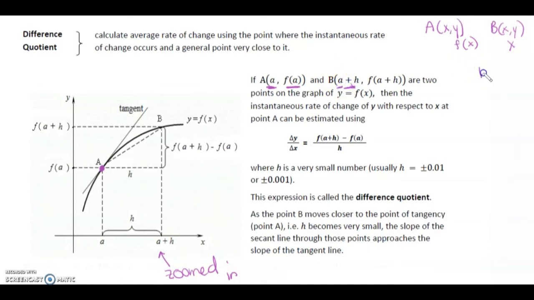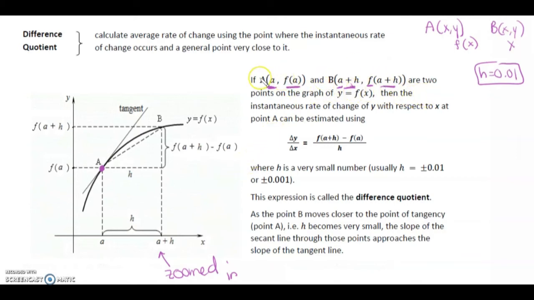So let's say h equals, let's call it 0.01 just for conversational sake. So A plus 0.01, comma, whatever the output is, the Y value when we plug A plus 0.01 into that equation. So again, we're not calling it X, Y.